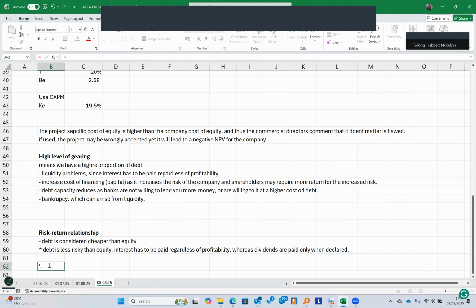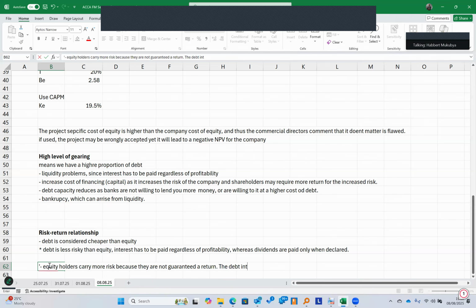So debt is cheaper because it's less risky, but you can also say equity holders carry more risk because they are not guaranteed a return.